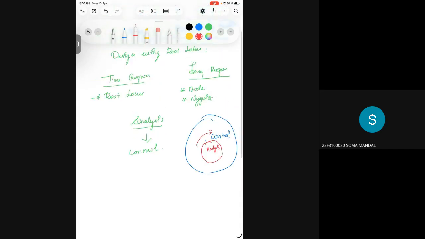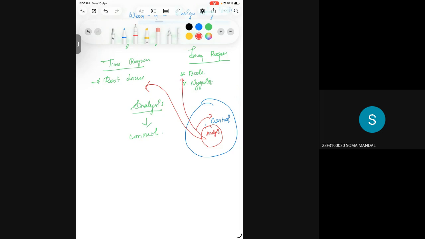So far we have been seeing tools like root locus for time response analysis and Bode and Nyquist for the frequency response. Now we started applying, once we find the nature of the system, we want to control the system using design.